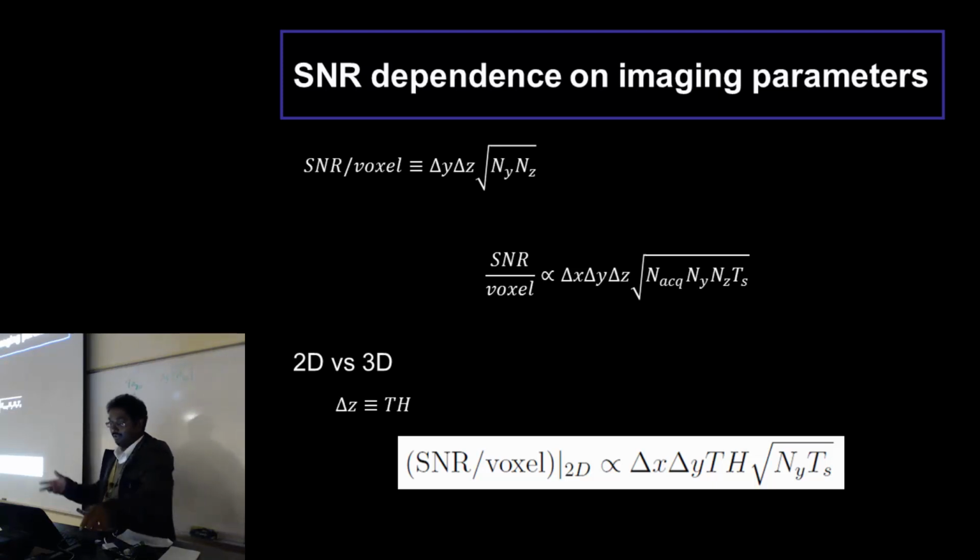So if you want to do an equivalent 2D experiment to a 3D experiment for some practical reason, then typically if you follow this relationship, you would have similar signal to noise ratio, not the same but similar, as a 3D experiment.